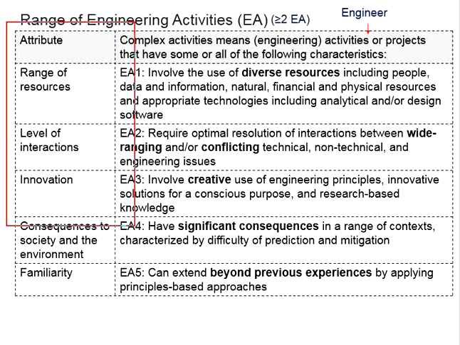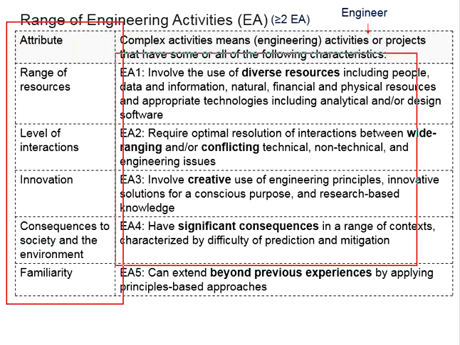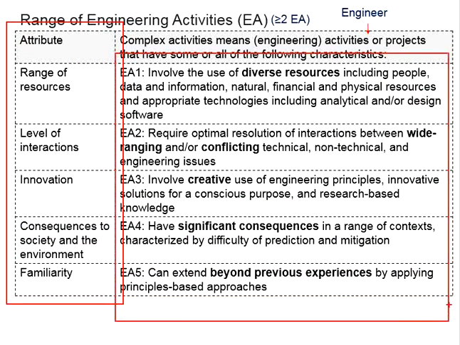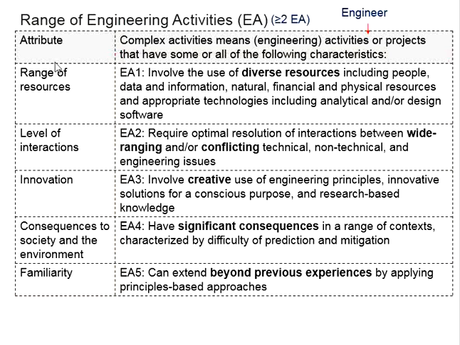Now let us look at the attributes as well as the definitions of the complex engineering activities. Based on the definition here, it should have some or all of the following characteristics. What does it mean by some? Having one out of these 5 does not constitute a complex engineering activity.